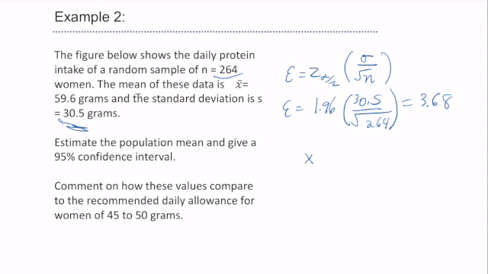So I'm going to take my sample mean minus my error to my sample mean plus my error. That's going to give me 59.6, our sample mean, minus 3.68 is less than our true population mean, which is less than 59.6 plus 3.68.